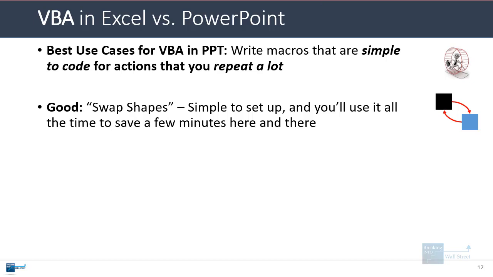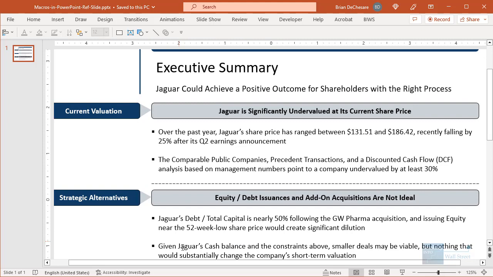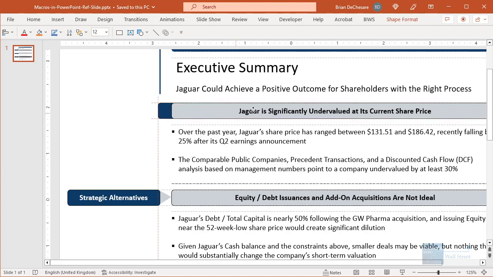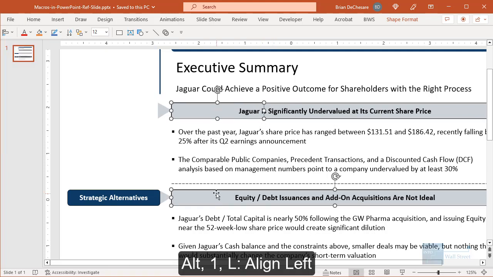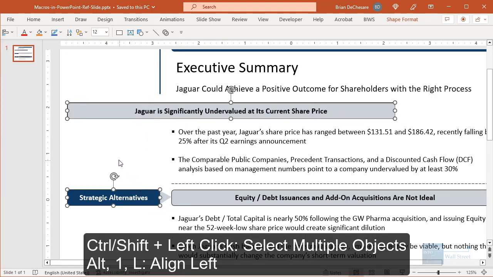The reason why this is useful is because if you think about it, swapping the positions of two shapes is actually not that easy, especially when they are not in a regular grid-like pattern. For example, to swap these two shapes at the top of this presentation, I would have to take this shape and move it over here, and then select this one and do Alt-1L to align it to the left. And then I have to take this one and move it over a little bit, select this other shape, and then do Alt-1L, and then align this to the left.